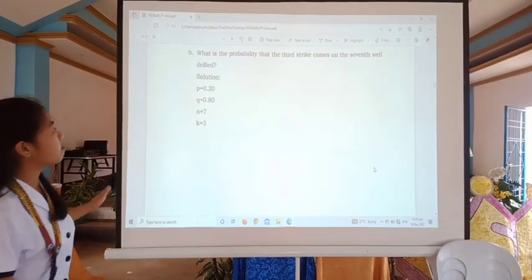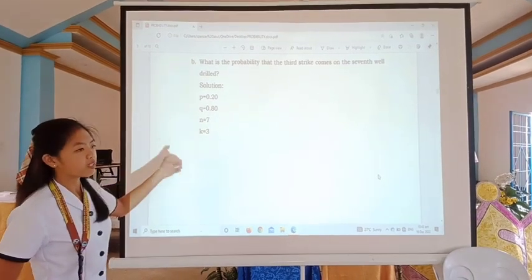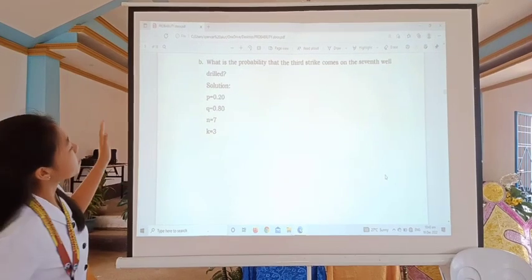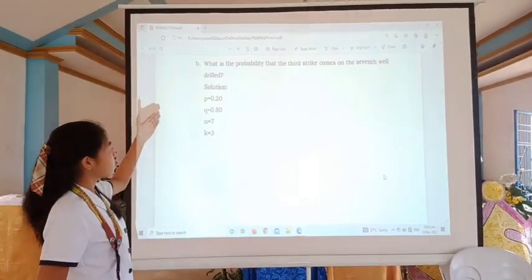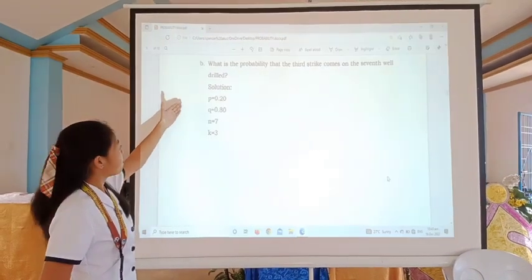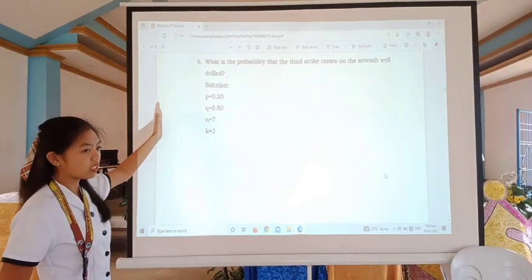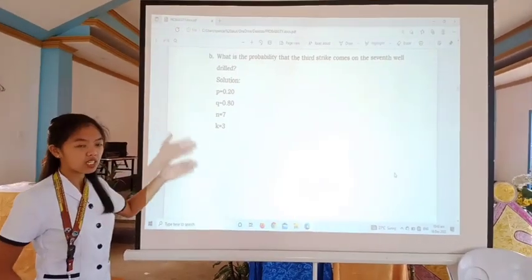Okay, let's proceed to B. We have the same problem, but a different question. What is the probability that the third strike comes on the 7th well drilled? The solution: we have the given P is equal to 0.20 again, so nothing changed.